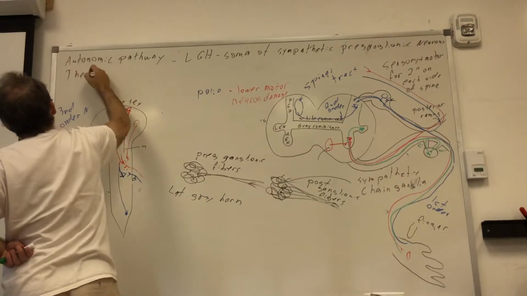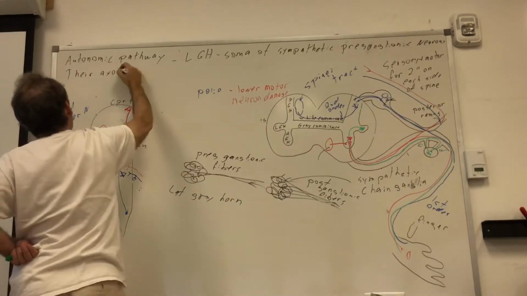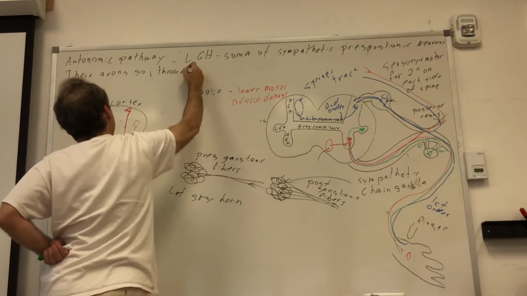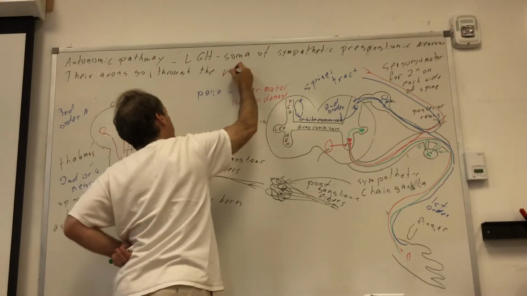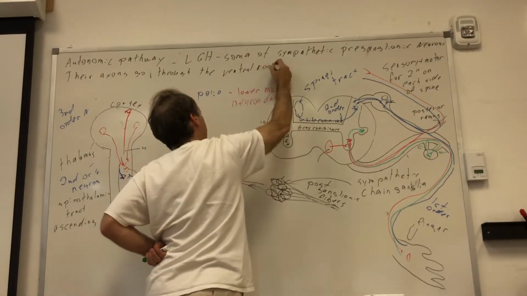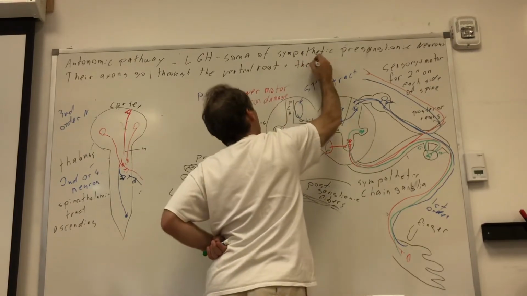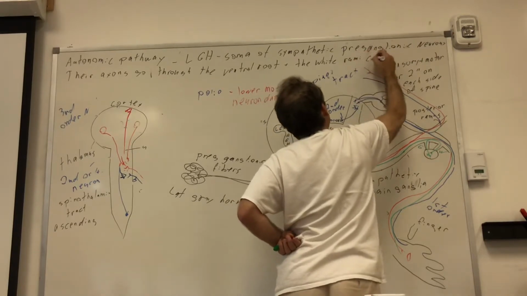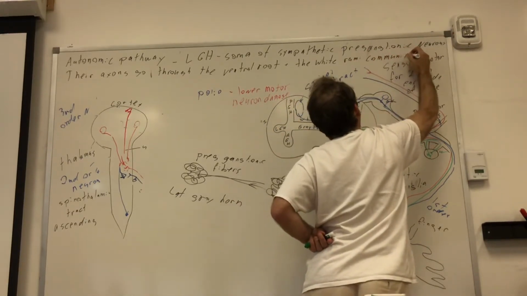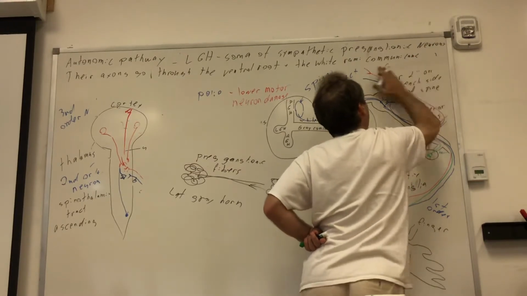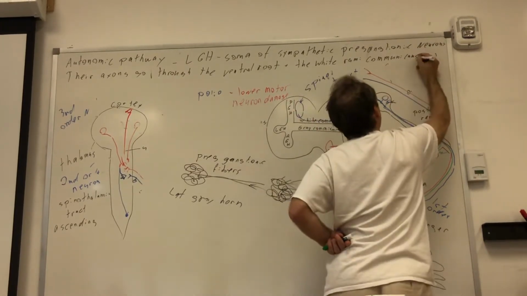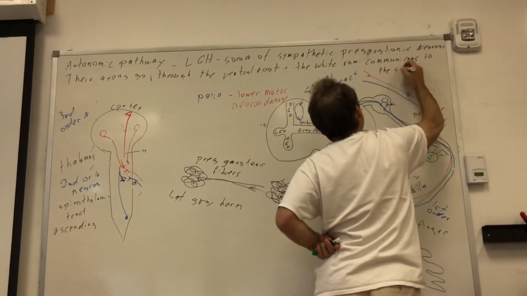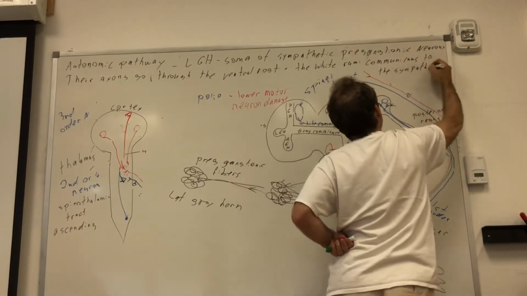Their axons go through the ventral root and the white rami communicans to the sympathetic chain.